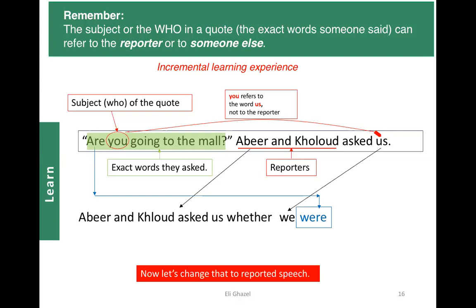Are has changed to were going to the mall. So Abir and Khulud asked us whether we were going to the mall. And remember, in the second lesson, 2 out of 6, the one before this one, was a lesson on how these verbs are sequenced after they follow the main verb, which is asked.